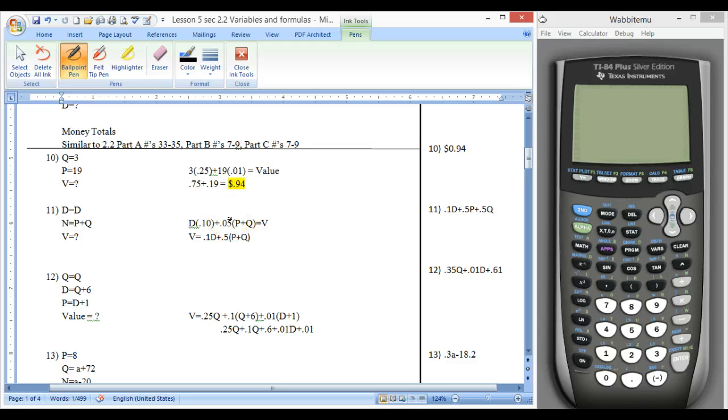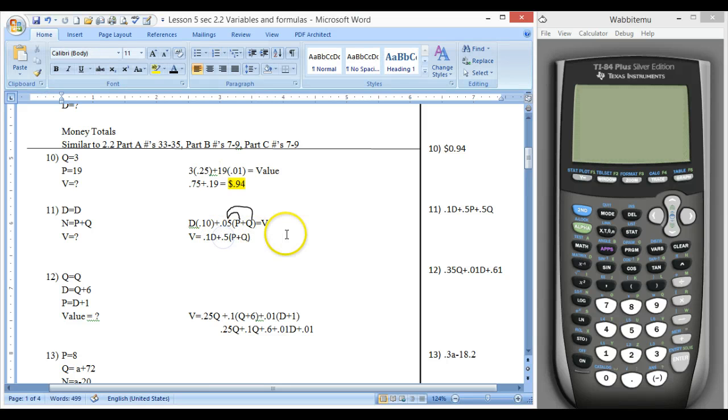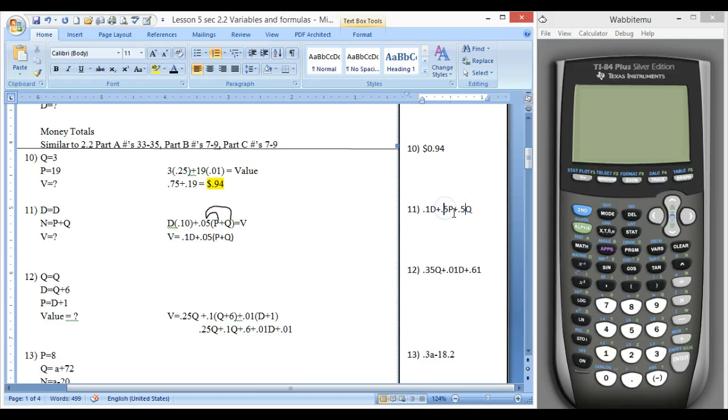So to work our way around it, the distributive property says we can multiply both of these by what's out in front. So 0.05, oh, did they go further into that? Yep, 0.05 times P, 0.05 times Q. Oh, and it looks like I didn't put the 0 in there for the nickels. And I need to change my answer over here. 0.05. There we go.